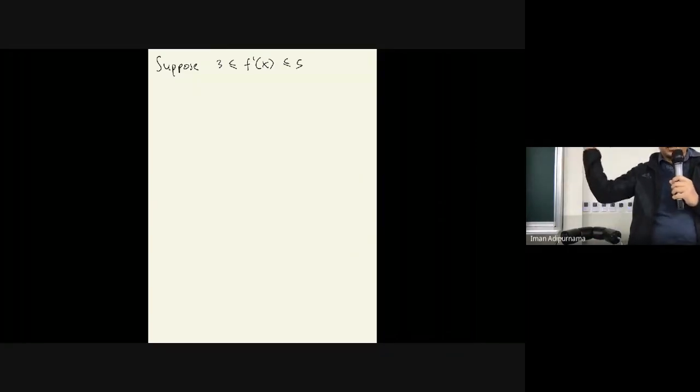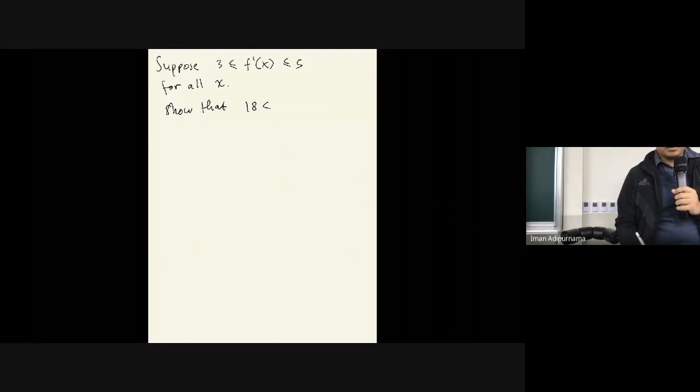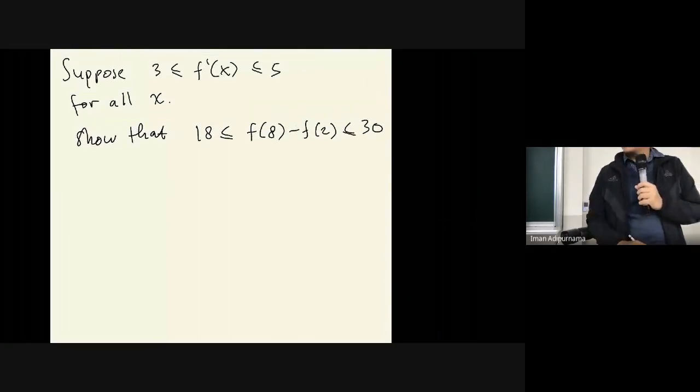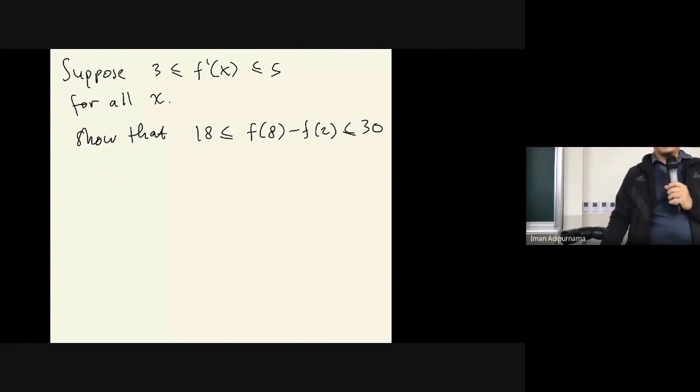Suppose f prime is between 3 and 5 for all x, and show that the difference between f(8) and f(2) is between 18 and 30.